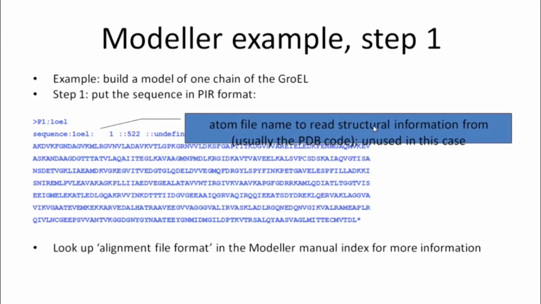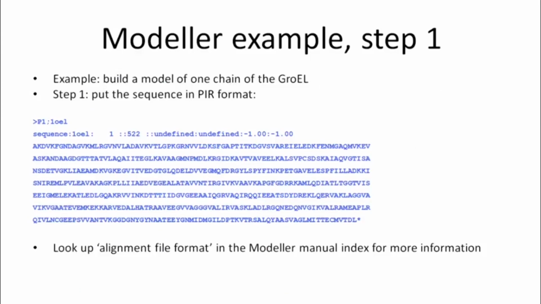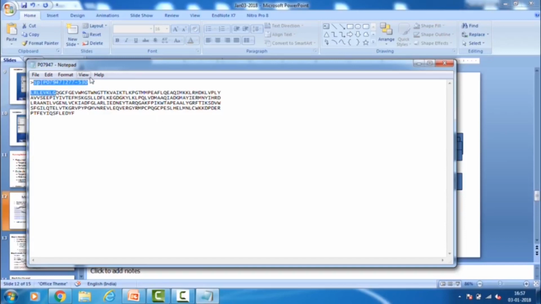followed by 10 fields related to the structural details of the protein, but for a sequence these will be null. Accordingly, we have to modify the FASTA file to make the PIR. You just modify this: P1, semicolon, and you can give just the ID as a keyword, followed by sequence, the target sequence.